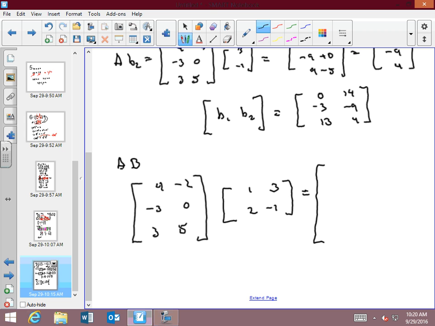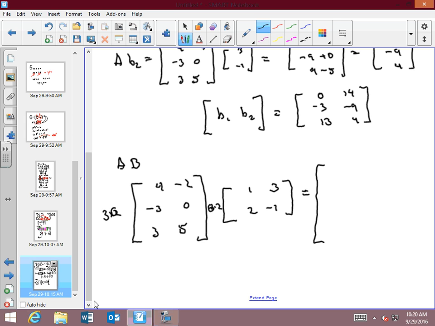I forgot enough room. So notice this is a 3 by 2, and this is a 2 by 2, and the 2's match. We're good. We're going to have a 3 row, 2 column.